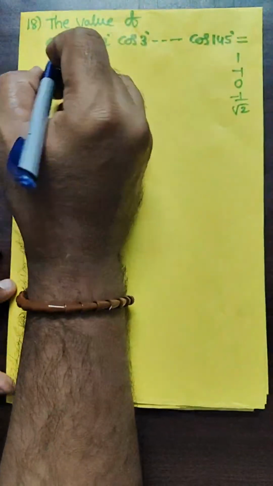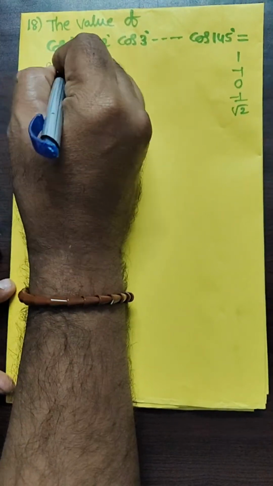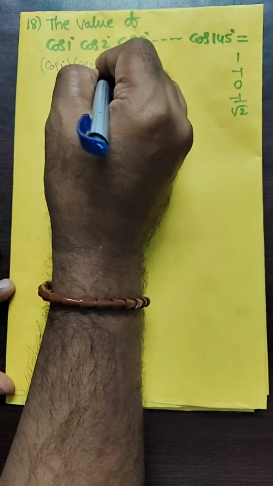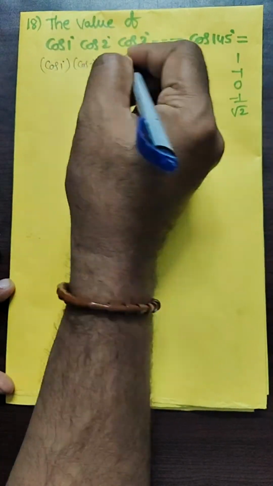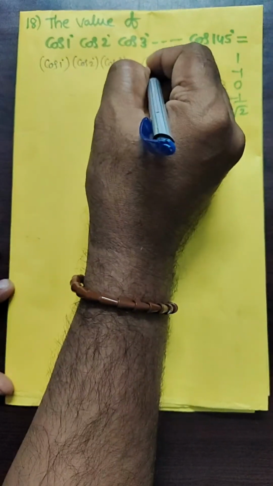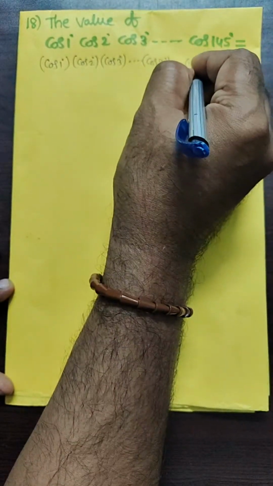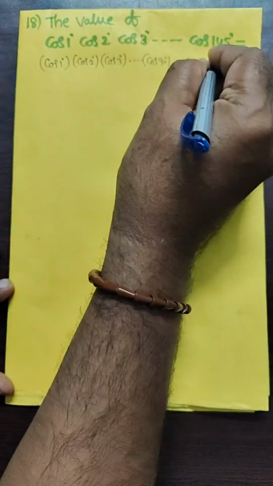So clearly we observe that we write cos 1 degree into cos 2 degrees into cos 3 degrees, and so on. In the middle, cos 90 degrees also will come, and so on up to cos 145 degrees.